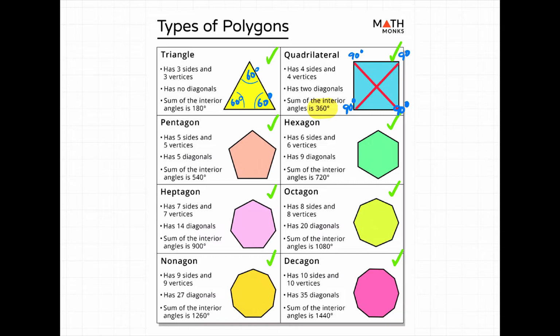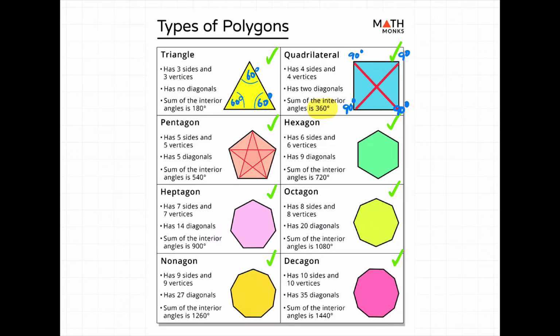We'll look at the pentagon. So it says it has 5 diagonals. So where are those? Well, I come off of here and I'm going to go over to that one. I can come off of here and I can go down to that one. I can come off of this one again and go up to here. That's 3. I can come off of this one and go to that one. And where's the last one? It's coming off this bottom one right here and moving up to there.